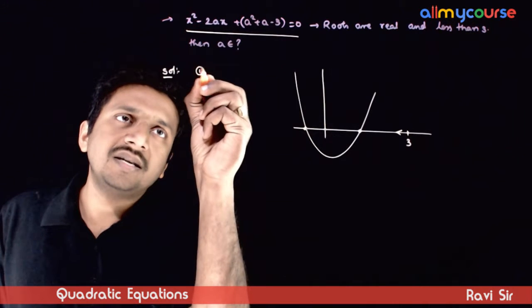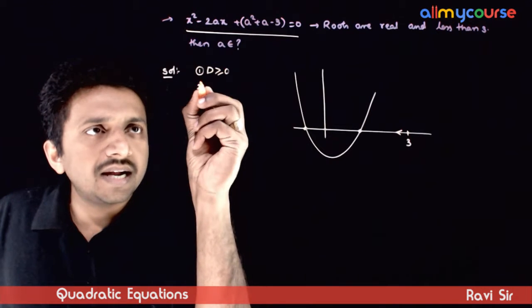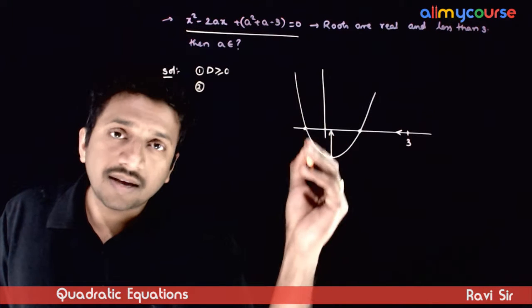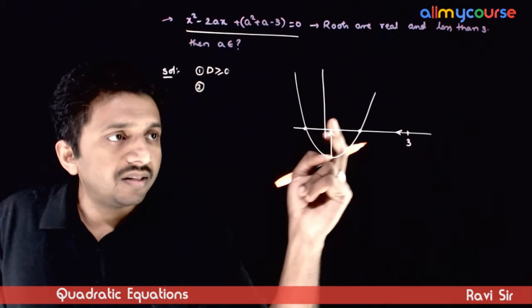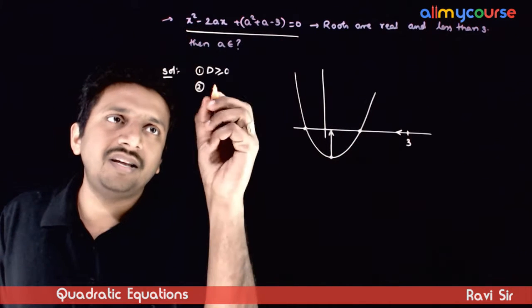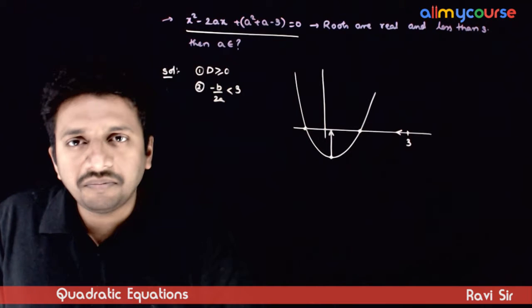So first is discriminant is greater than or equal to 0. The second condition is that the x coordinate corresponding to the vertex has to be less than 3. Minus b by 2a is less than 3.